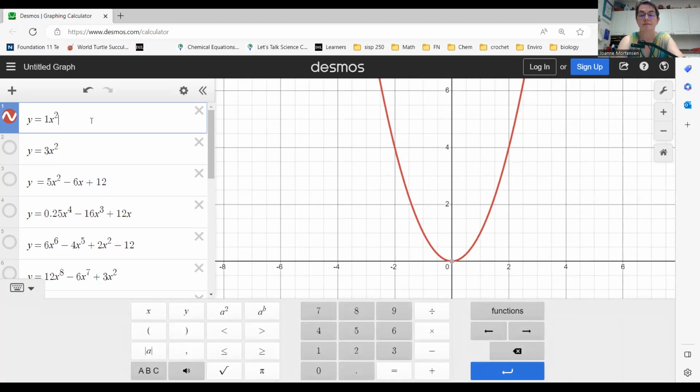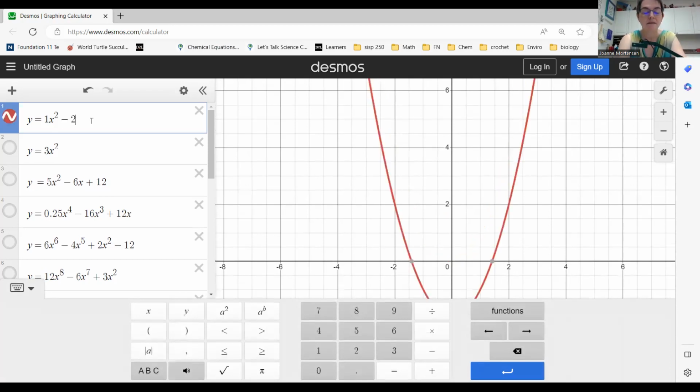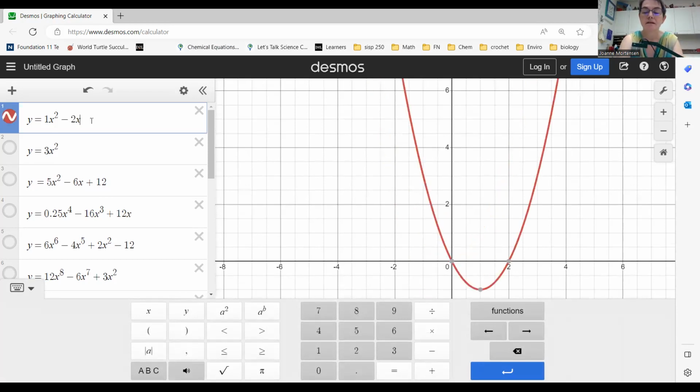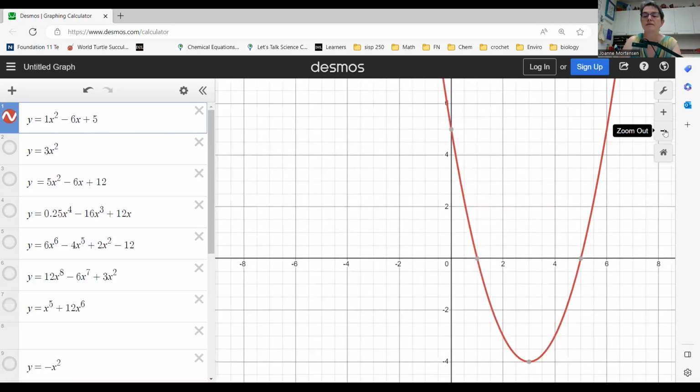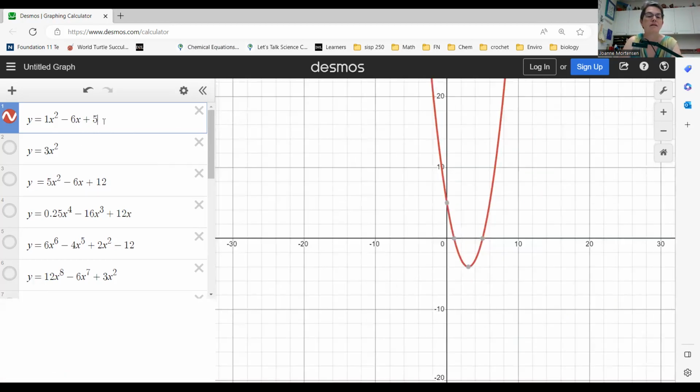And if I start playing with this, get my screen a little closer here. Minus 2x plus 5. Right? I can move stuff around. Instead of 2x, if I put 6x, I'm going to zoom out a little bit. Okay.